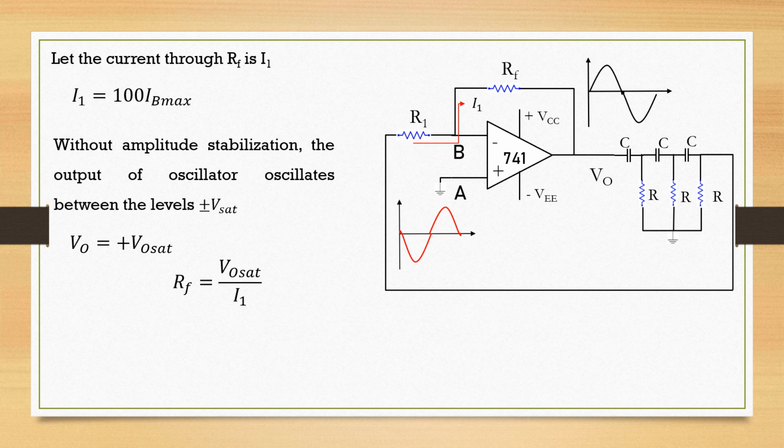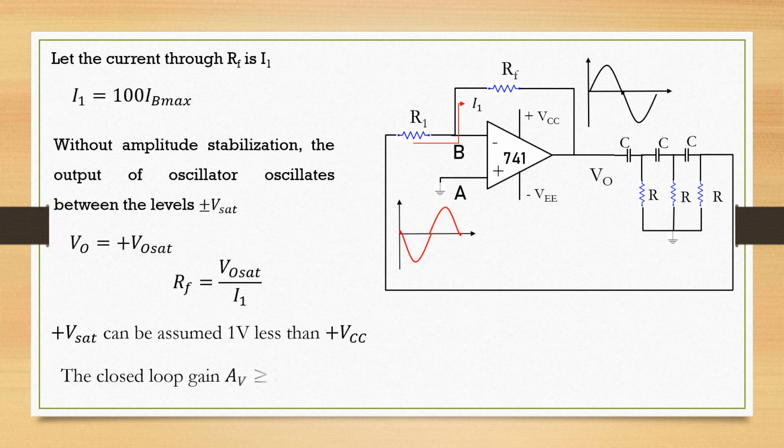Since we are finding the value of resistance, we will consider RF is equal to V0 sat divided by I1. And plus V0 sat can be assumed 1 volt less than the supply voltage, that is plus VCC. If VCC is 12 volt, then we can take plus V0 sat as 12 minus 1, which is equal to 11 volts.